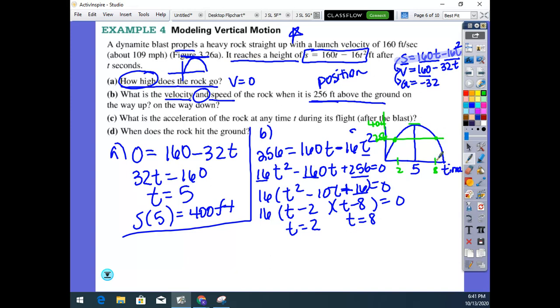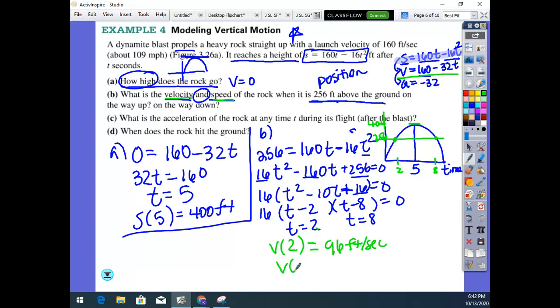Now it says, what is the velocity and speed? I have my time, but now I have to find v of 2. So come back up to v, plug 2 in for t. I get 96 feet per second, which makes sense. This is going up, so it's positive.